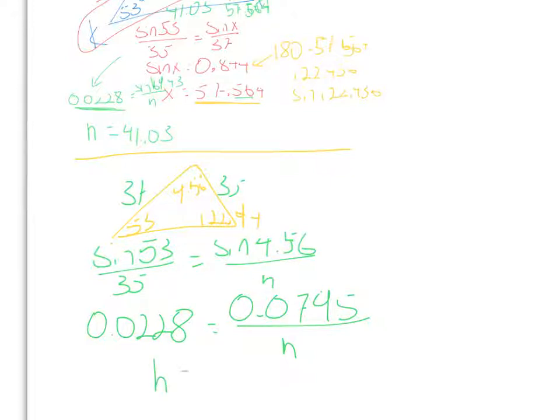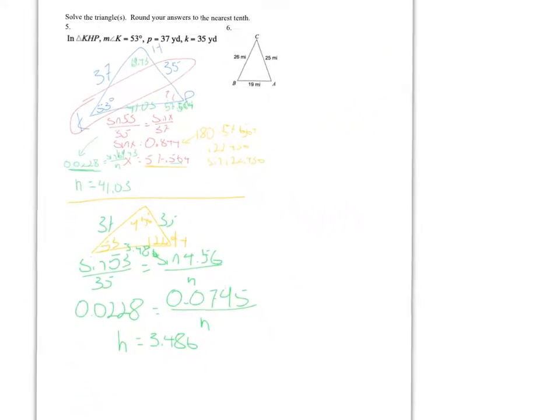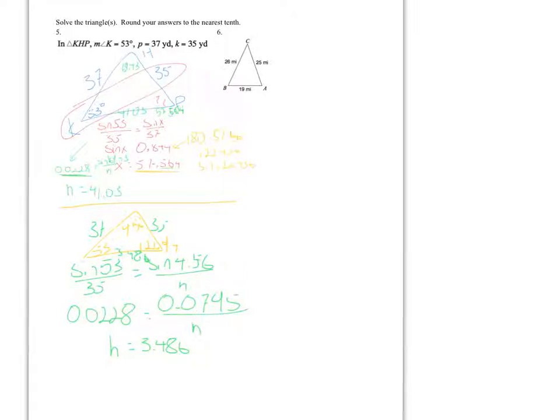We get h could be 3.486. And the lesson from this is, please be careful when you have two sides and a not included angle, because we could very well have two different ways to do this.